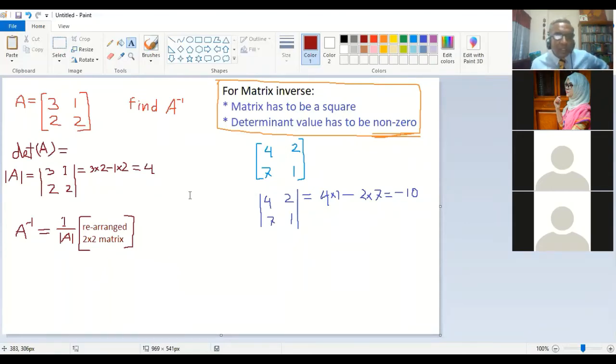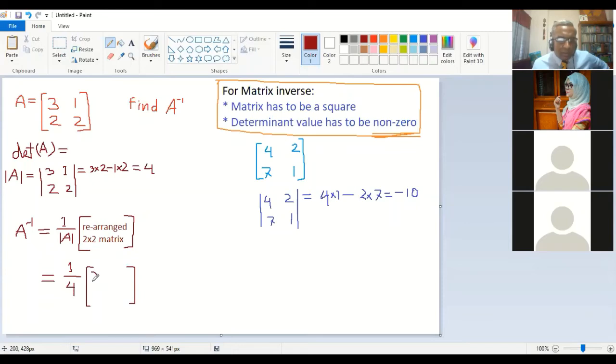So what is the rearrangement? I am now showing you in the next line. The rearrangement is very simple, nothing complicated. 1 divided by 4 will come first, and then within the matrix you will change something of the original matrix. So what is the change?